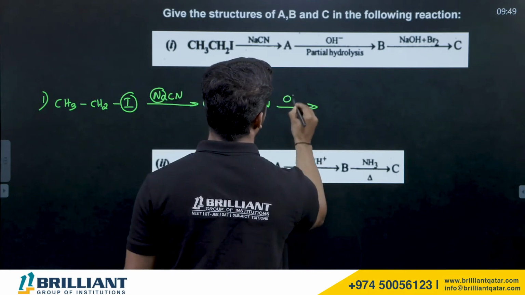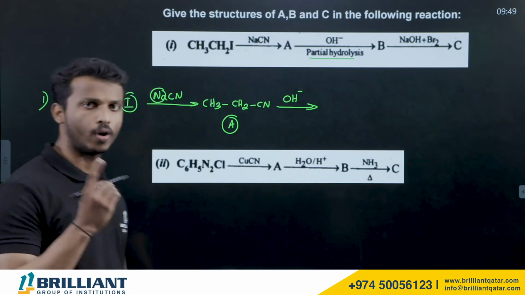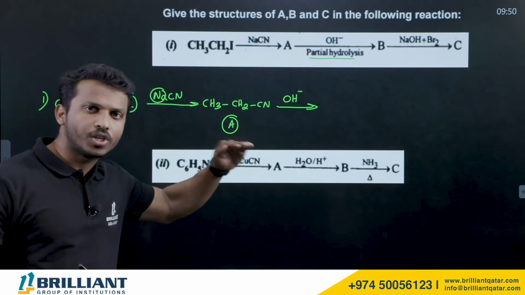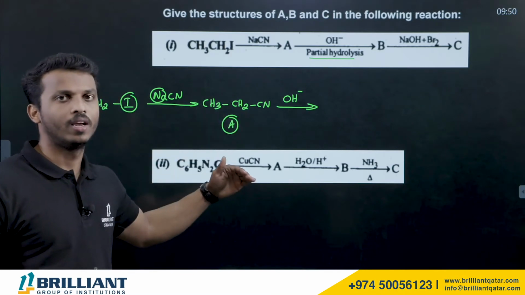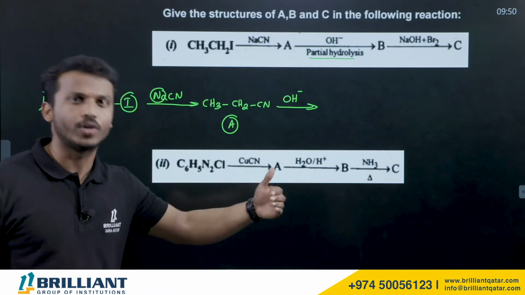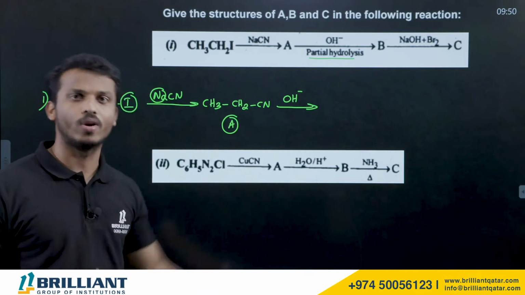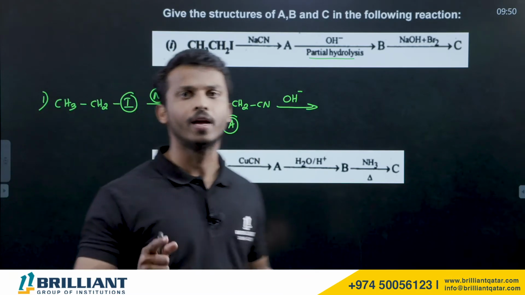And this compound undergoes hydrolysis; they said partial hydrolysis. Dear all of you, be very careful. Cyanide on partial hydrolysis: if they specify partial hydrolysis in the question, the product is an amide. Cyanide on complete hydrolysis will give you a carboxylic acid. Once again, I am repeating, please note that.